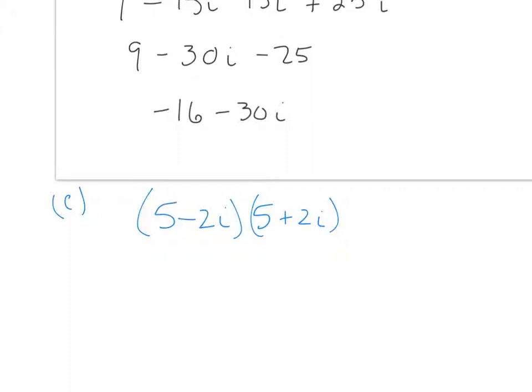The last term has i squared, which is negative 1. The first term simply has a real part to it. So this becomes, again, 25 plus 10i minus 10i minus 4i squared, which is just 25 plus 4, which is simply 29. So we recognize here that 29, the solution that we get, is indeed a real answer.